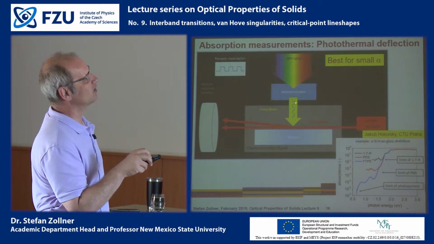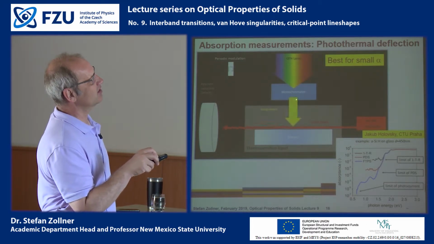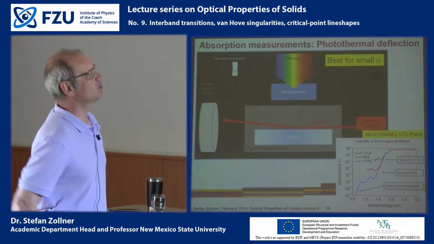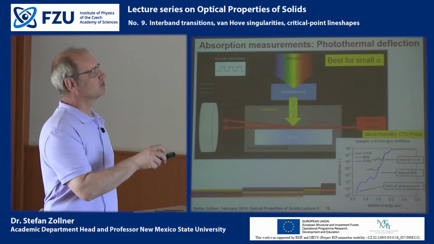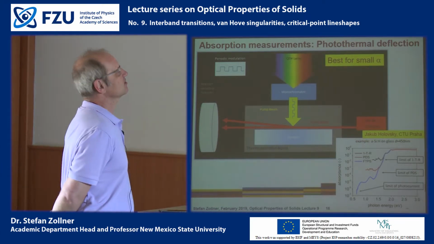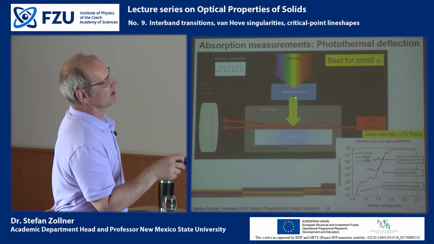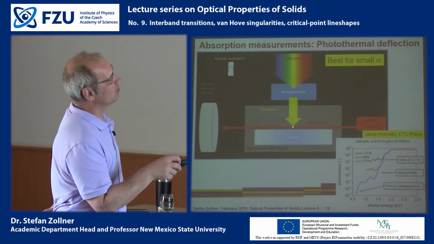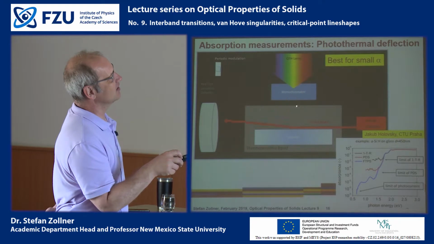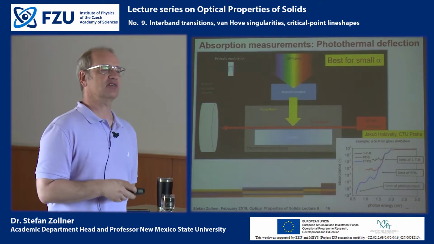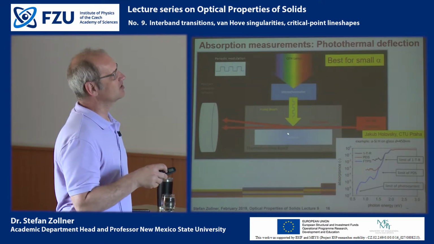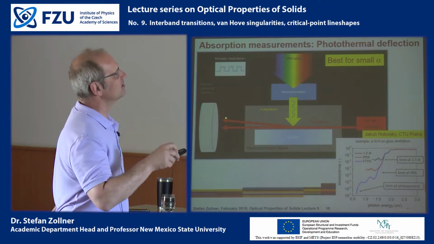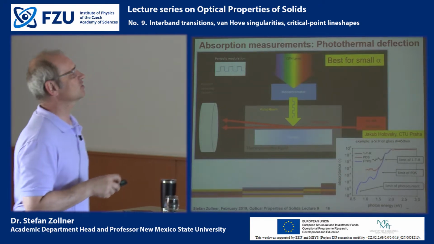You select a specific wavelength. If the photon energy from the monochromator is below the band gap of the sample, then the light will just go through and nothing will be absorbed in the sample. On the other hand, if the photon energy of the light hitting the sample is above the band gap, then the photon will be absorbed, and there will be a very slight increase in the temperature of that sample, and that causes the deflection of the beam.